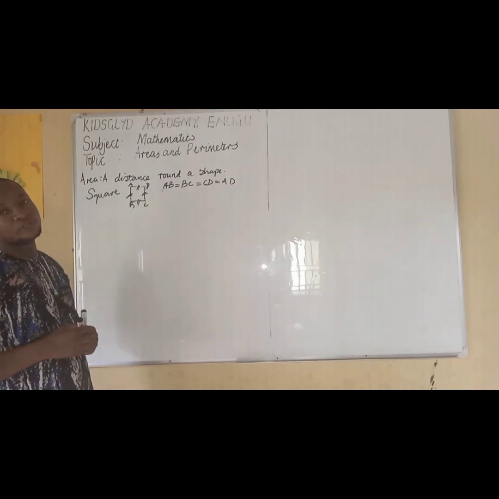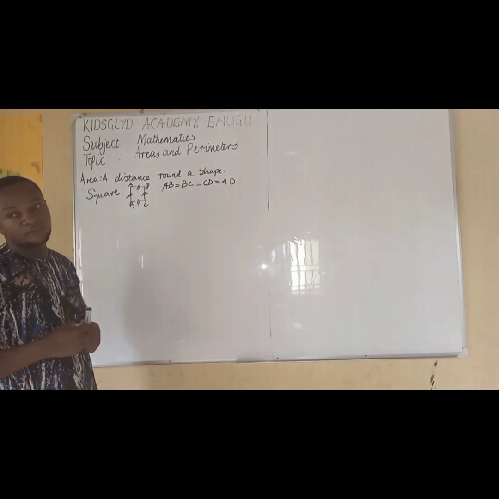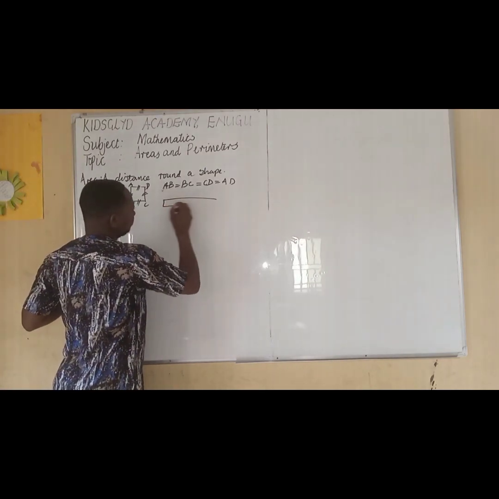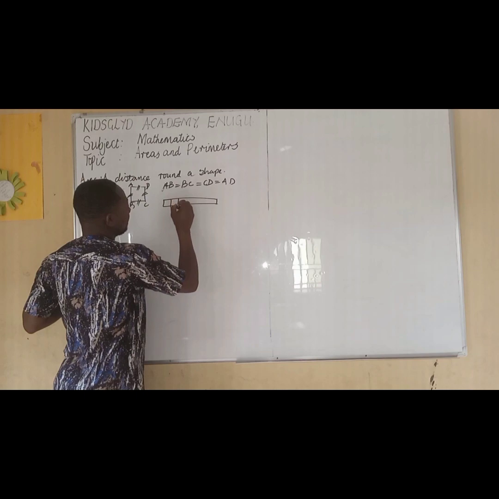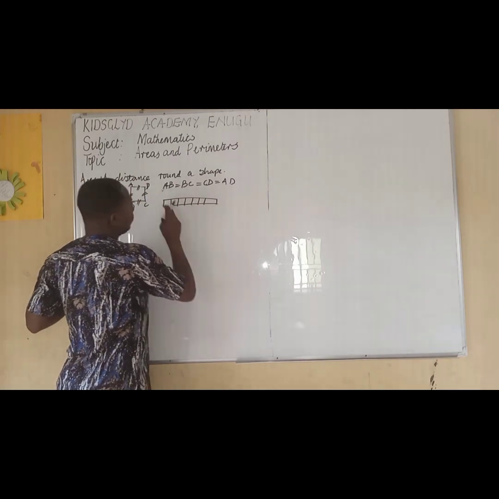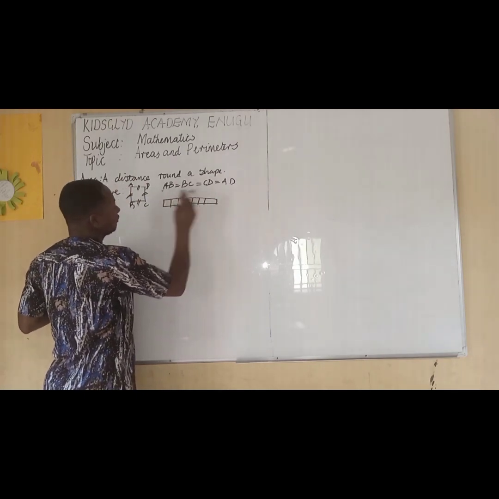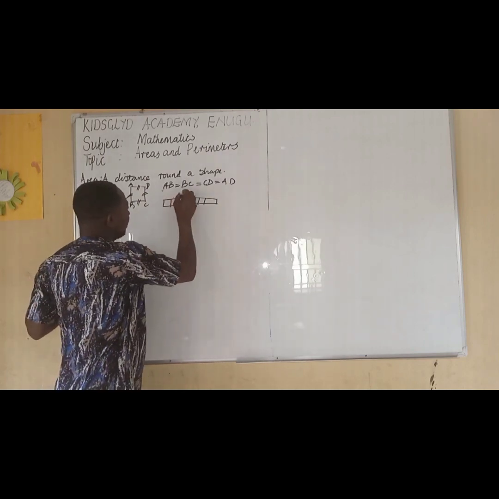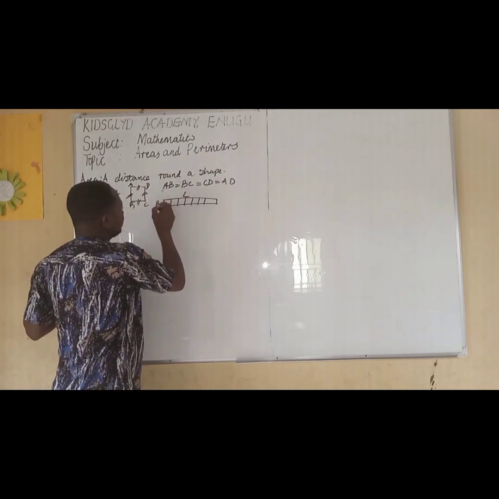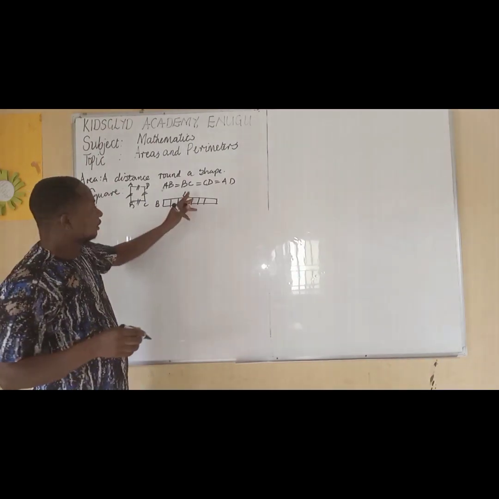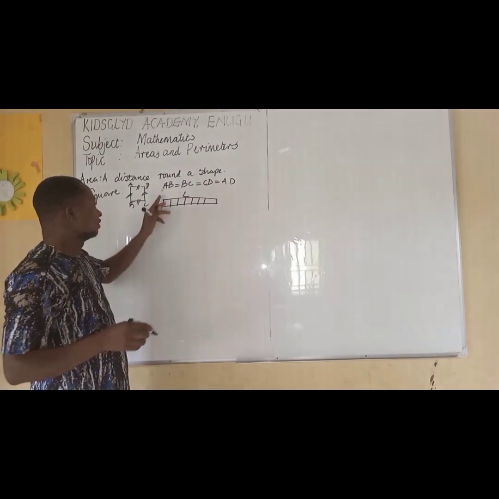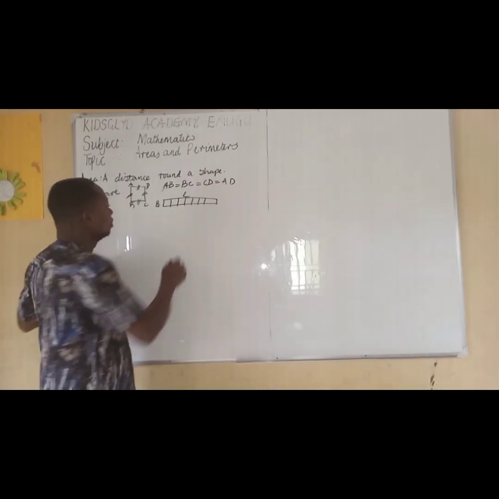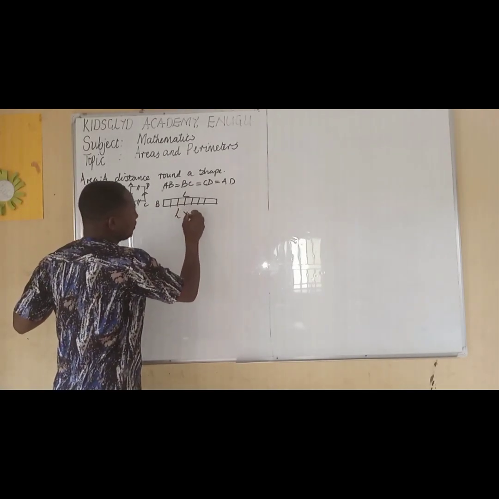Now, how do we look for the area of a square? For example, we have this: 1, 2, 3, 4, 5, 6, 7. Now, this is the length, this is the breadth. If you want to look for the area of this shape, you say length times breadth.